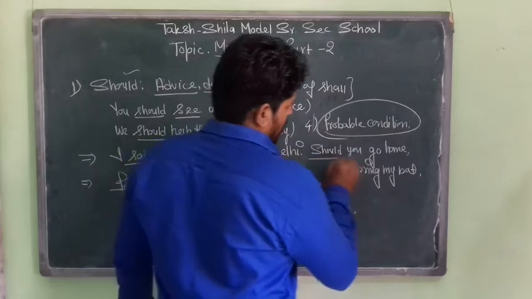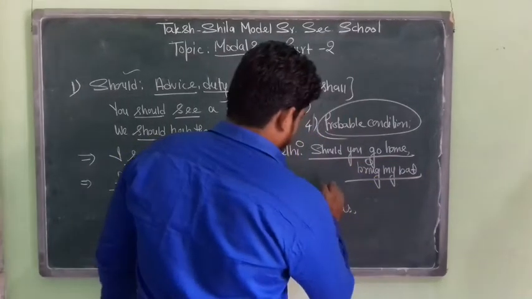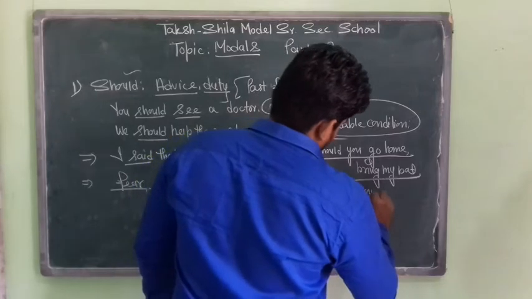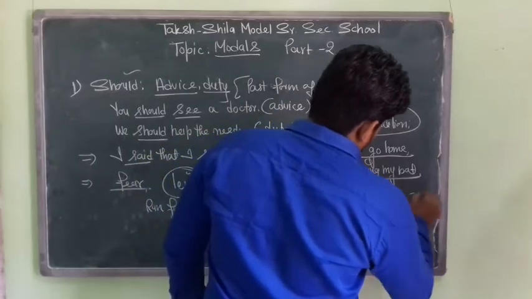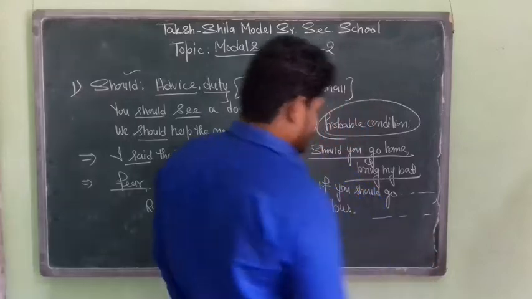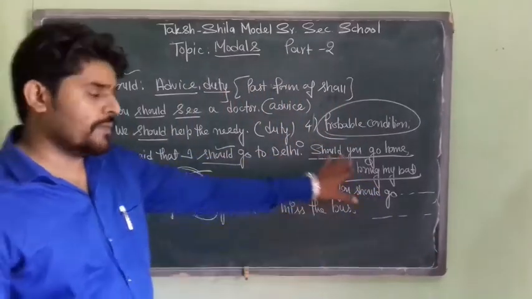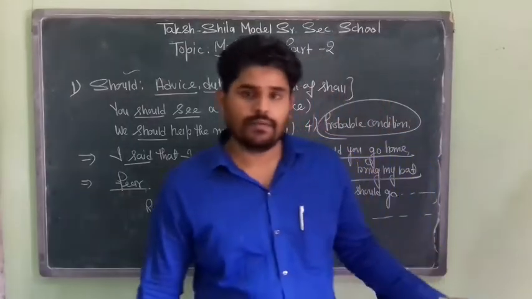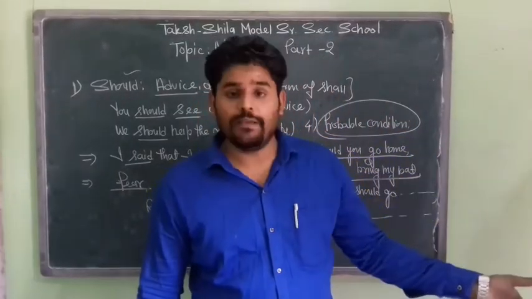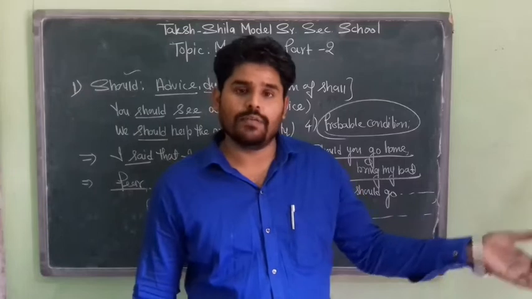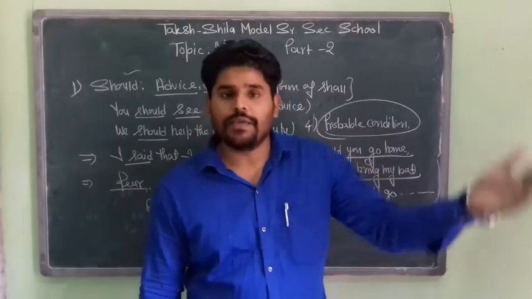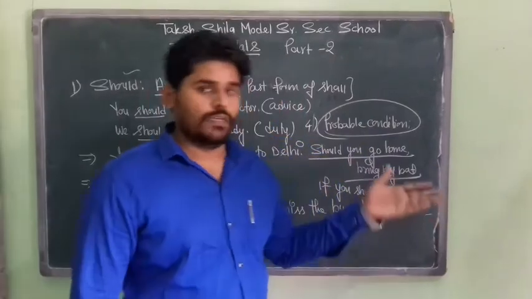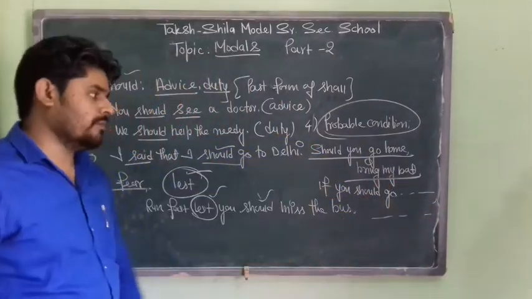Means we can also write this sentence like, if you should go home, bring my bat. So this is called probable condition. Means this situation can be real. It is not unreal. This is real. Means that person may go to his friend's house and he can also bring his bat. So this is called probable condition.